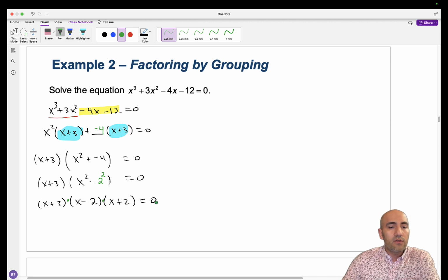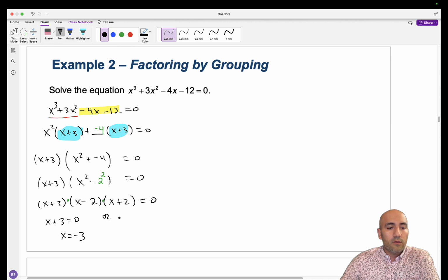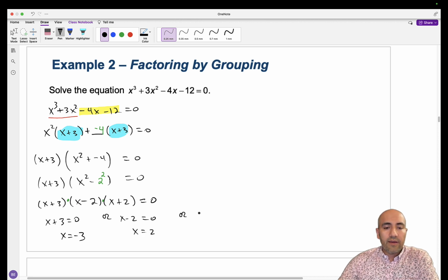The answer is 0. So now we can take advantage of the zero product principle, which states that each one of these has a chance of being 0. So either the x plus 3 is 0, x plus 3 equals 0, which means x equals negative 3 is one solution, or the x minus 2 equals 0, which means x equals 2 is another solution, or finally the x plus 2 equals 0, which means that x equals negative 2 is a solution.